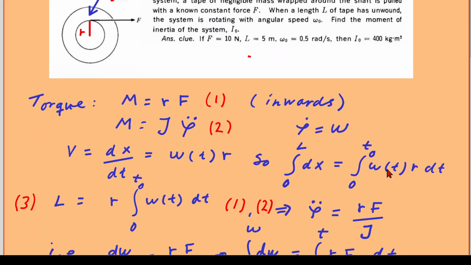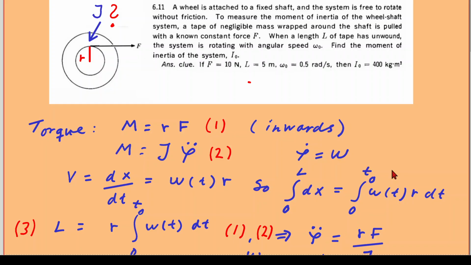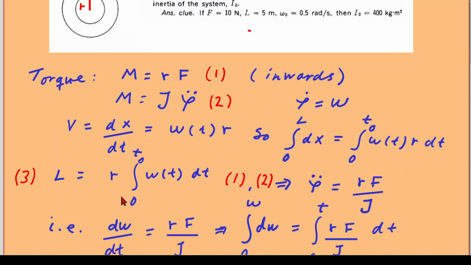Okay. And this integral we can do, it's just L. And this we cannot, because omega will depend on time, right? And we still don't know omega exactly. So we end up here, and we need to find out what omega as a function of time might be.